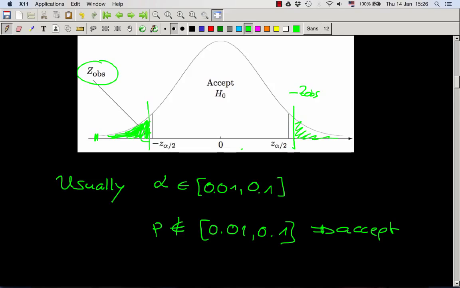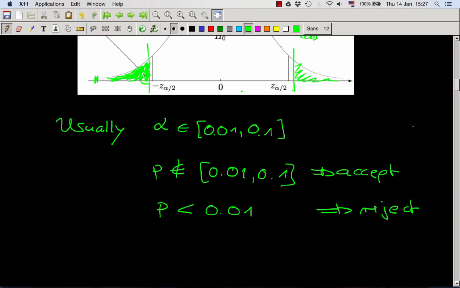Also when the p-value is smaller than 0.01, it's clear that you can reject. Even for such a small significance level like 1%, you reject it. So you are very safe.